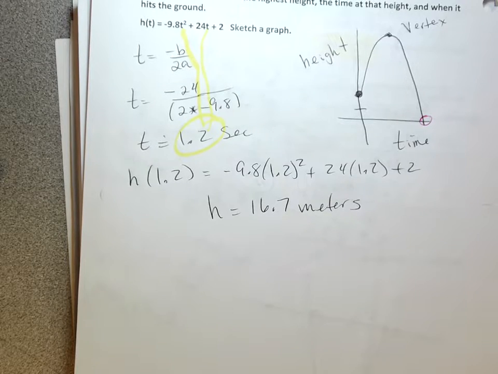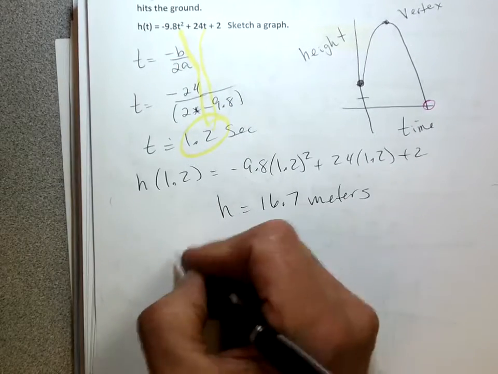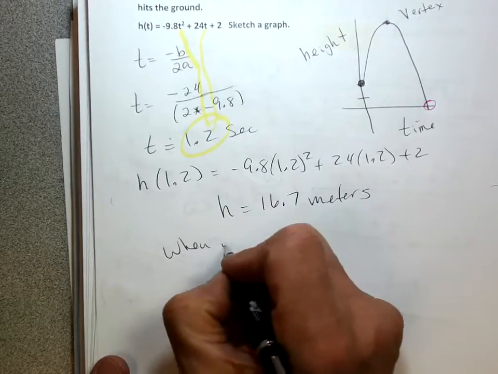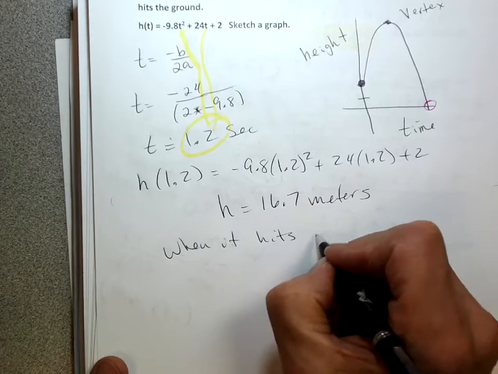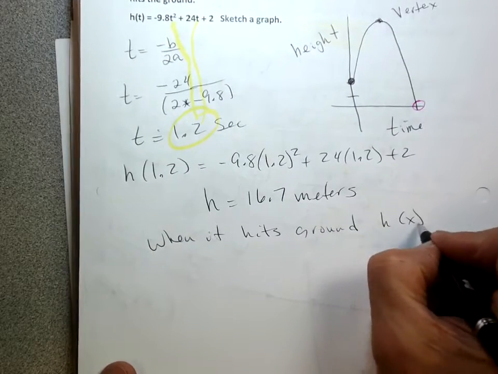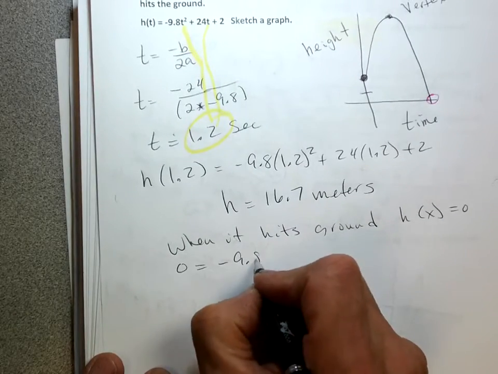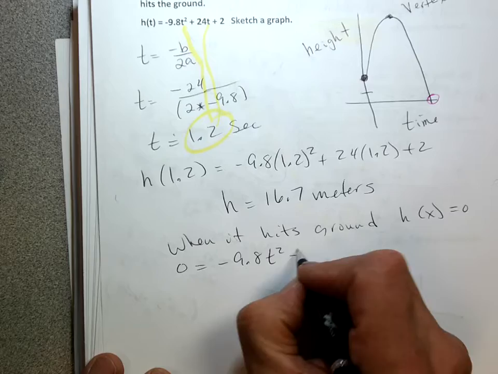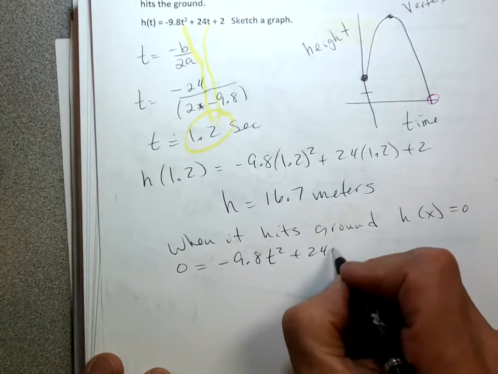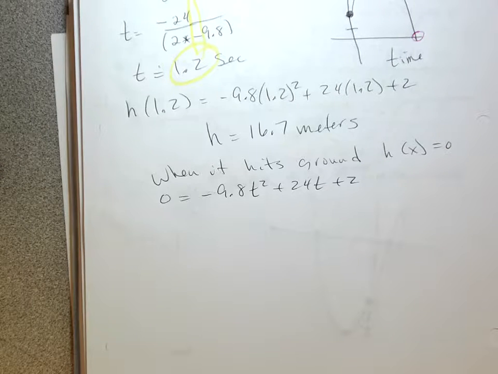So if we want to know when it hits the ground, when it hits ground, h of x is equal to 0. So we'll go 0 equals negative 9.8 t squared plus 24t plus 2. Now, does it factor? No, it doesn't. So what do you do if it doesn't factor?